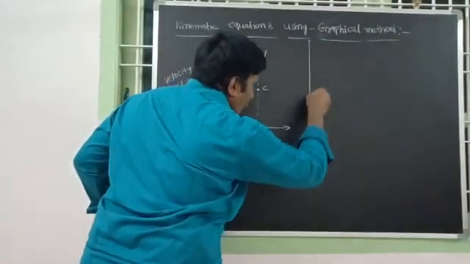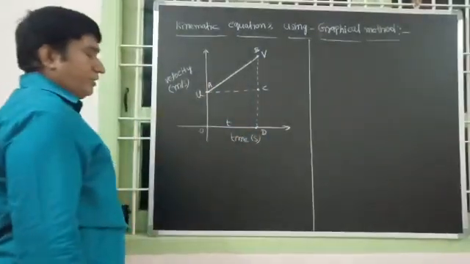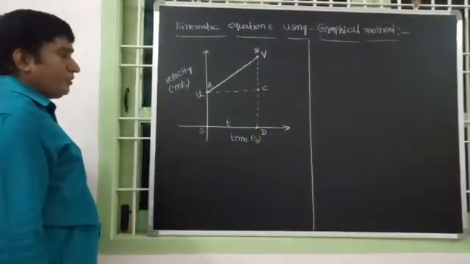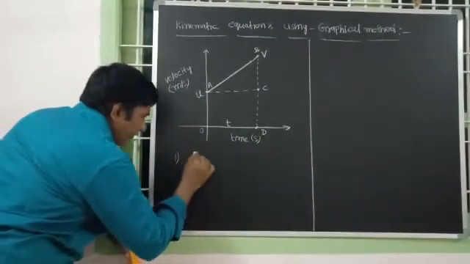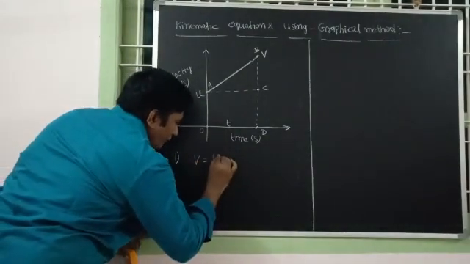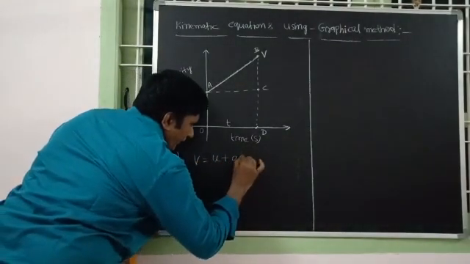Now I am going to prove the kinematic equations. What is the first kinematic equation? We have to prove V is equal to U plus AT.